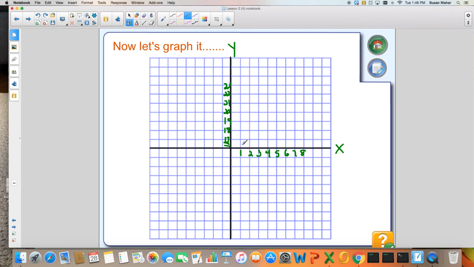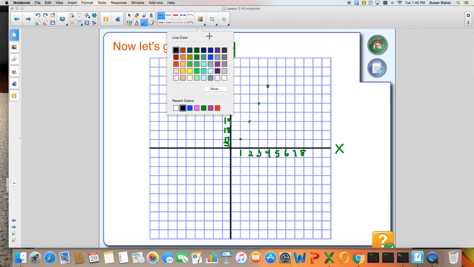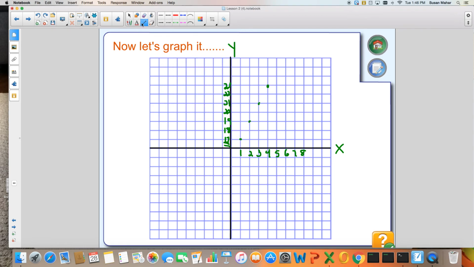So here I'm going to have 1 and 17. I'm going to have 2 and 19. And I'm going to have 3 and 21 and 4 and 23. And I'm still going to be able to draw a straight line between these points. Did it again.